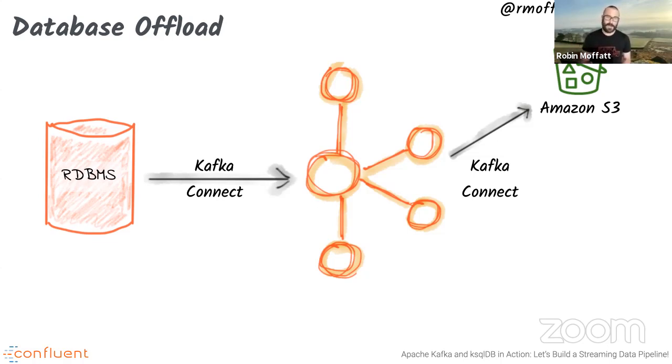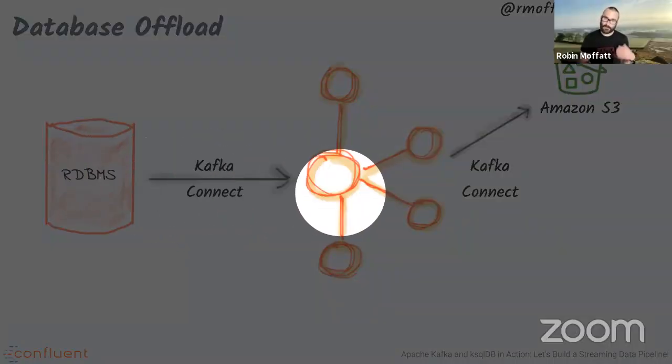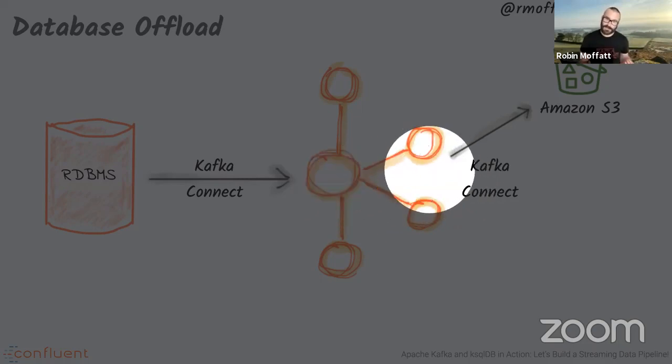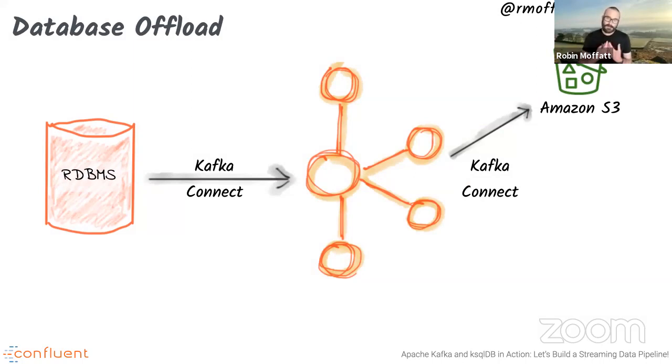We can use this thing called Kafka Connect, which I'm going to explain in a moment, to stream the data from a database, a full snapshot plus all the changes, into Kafka. And then we can push that data from Kafka to Amazon S3. Kafka here gives us some good properties. It can apply back pressure, it can scale, it's fault tolerant, and so on. We start to benefit from the loosely coupled part of the design.